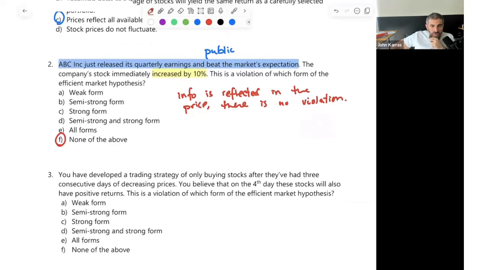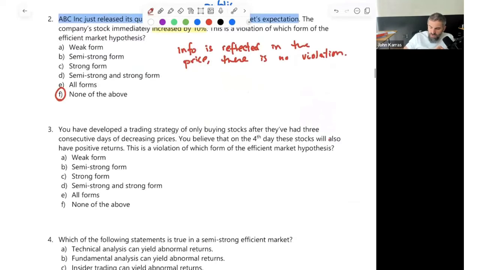You have developed a trading strategy of only buying stocks after they've had 3 consecutive days of decreasing prices. You believe that on the 4th day, these stocks will also have positive returns. I don't know what the word also is doing there, but anyways, they will have positive returns. This is a violation of which form? Okay. Question number 1. What type of information are we dealing with?